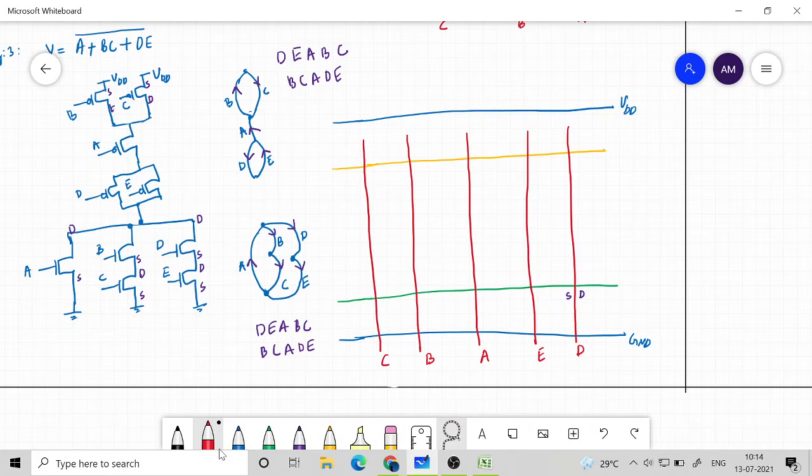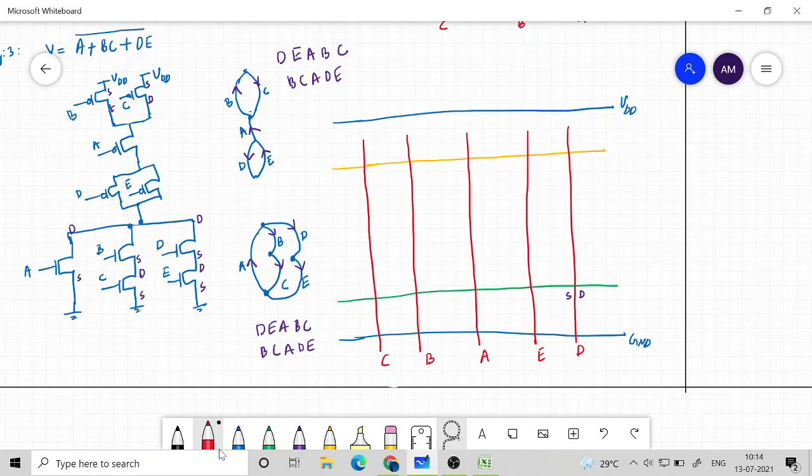Now we have to connect. Okay, so this is D. So Nmos D is here. The source of the D transistor is connected to the drain of the E transistor.